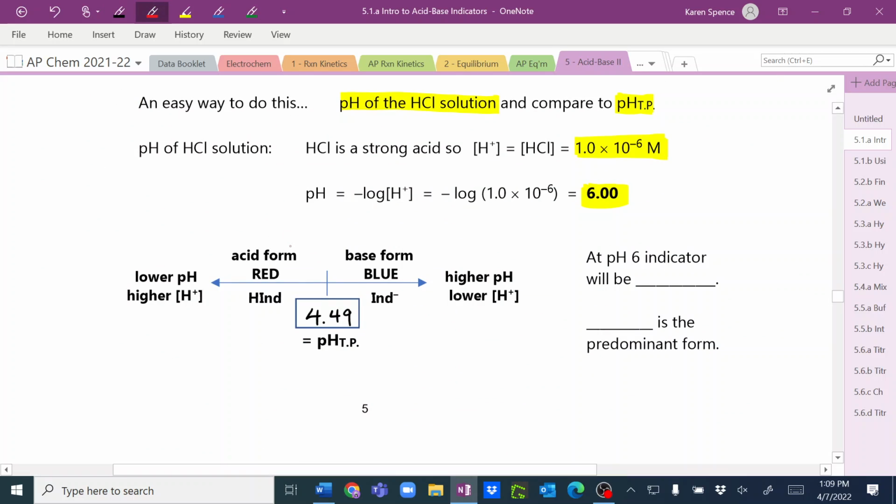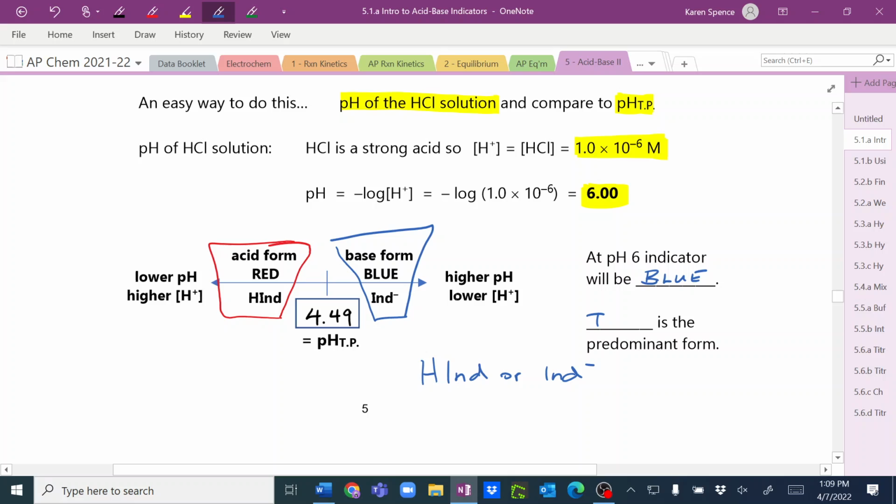So our acid form is red, our base form is blue, and we are at pH 6. So at pH 6, the indicator will be blue. Because who is the predominant form? HIND or IND minus? IND minus, yes.